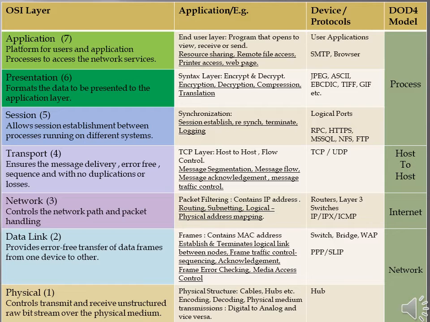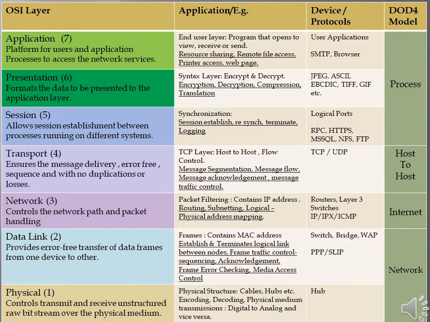Examples: message segmentation, message flow, message acknowledgement, message traffic control. Generally, it uses two types of protocols, TCP and UDP. TCP is the Transmission Control Protocol and UDP is the User Datagram Protocol. TCP is connection oriented, while UDP is connectionless.